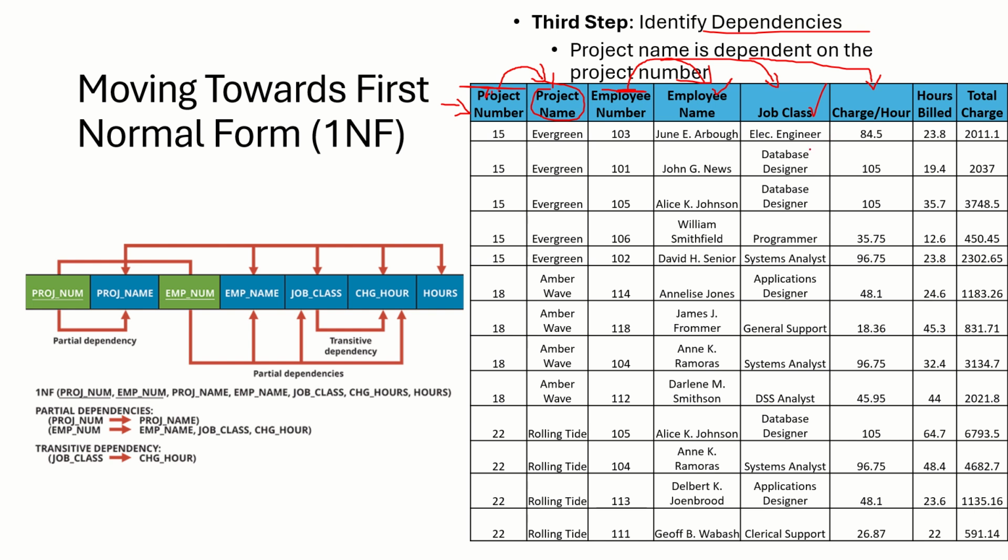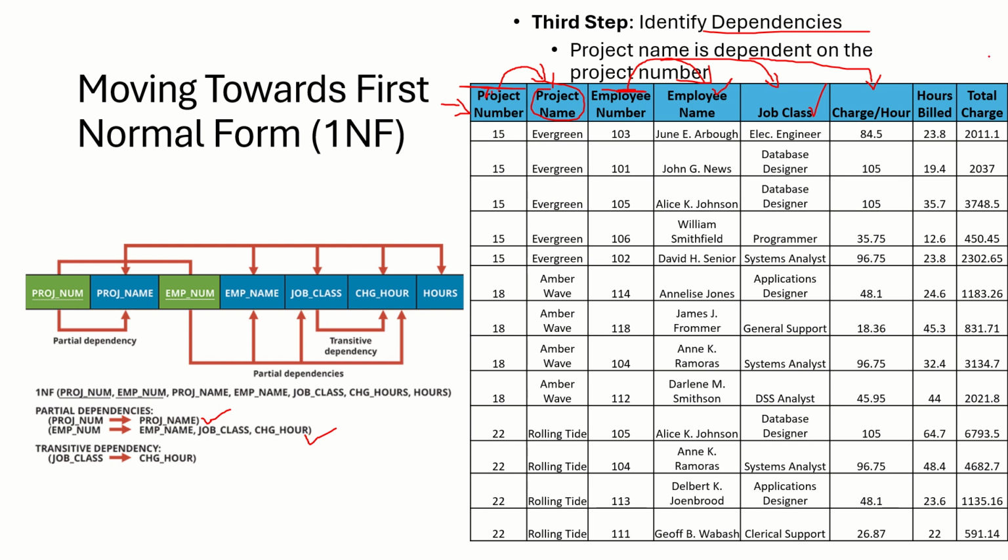Right. So now we can just find out there's a partial dependency here too. So project number, you can tell the project's name. Employee number, you can tell employee's name. Job classification, and charge hours.